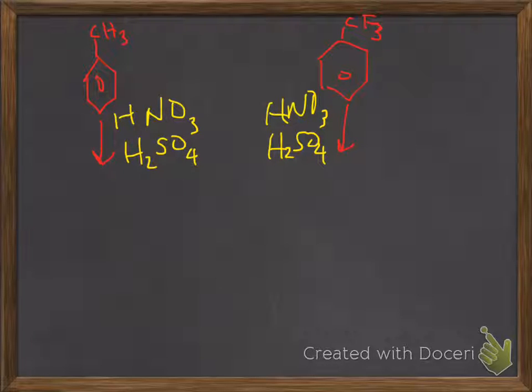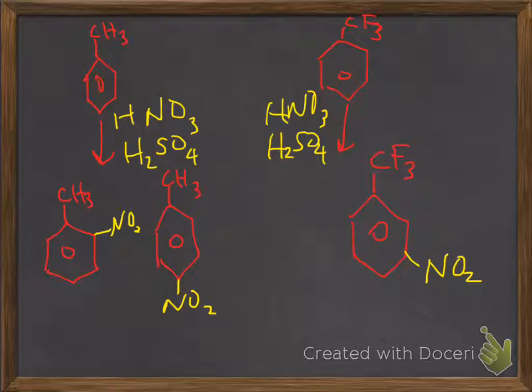And you would expect that you would have very similar results, that you'd have the nitro group ending up being placed on the benzene ring, and most likely in the same location. However, this is what happens instead. On the toluene, they get two major products.